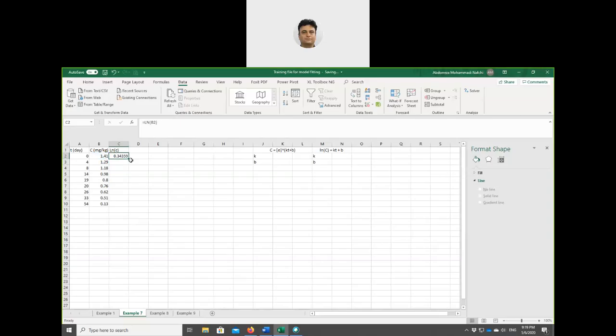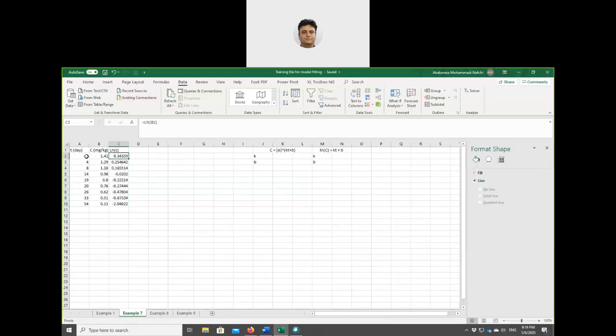I copy and paste it here. You can see ln c is decreasing. Now, if I draw ln c over t instead of this function, I can find a linear function.